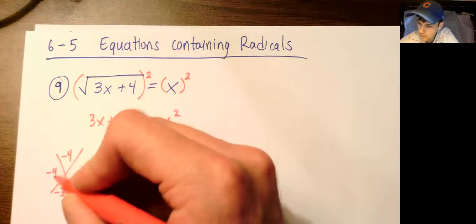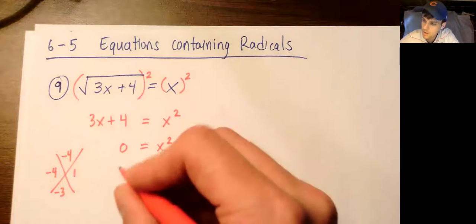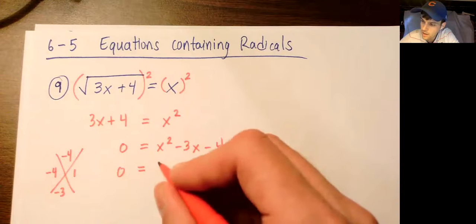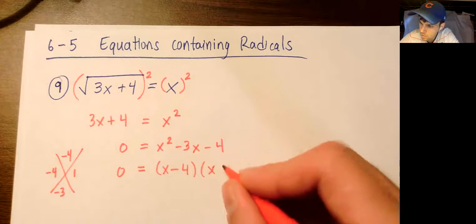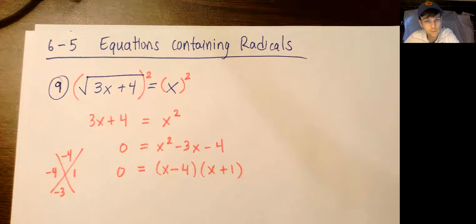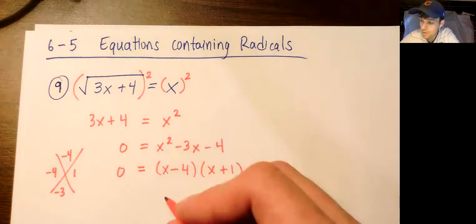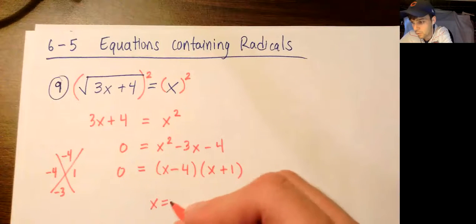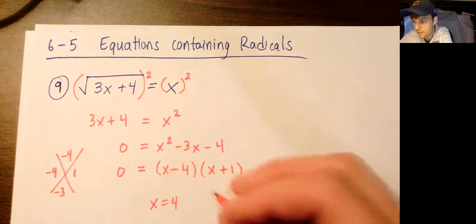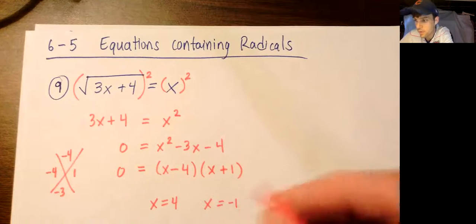So that's going to be -4 and 1. That tells me this factors as x minus 4 and x plus 1. And using my zero product property, I'm going to get x equals 4, that would make that 0, and x equals -1, that would make that 0.